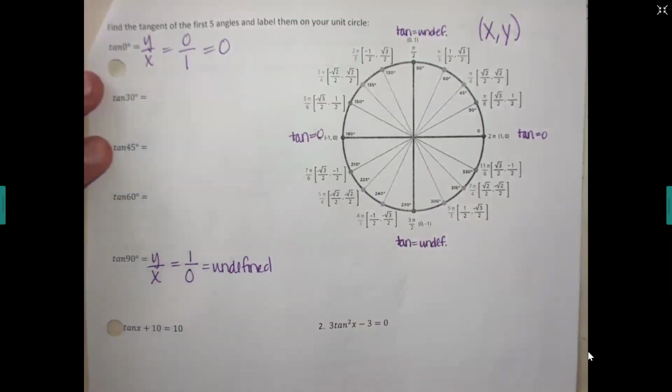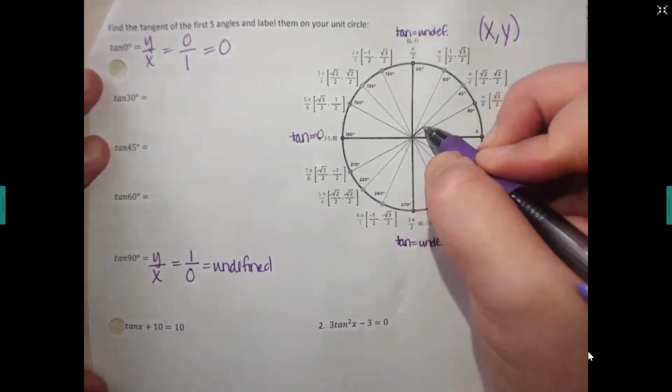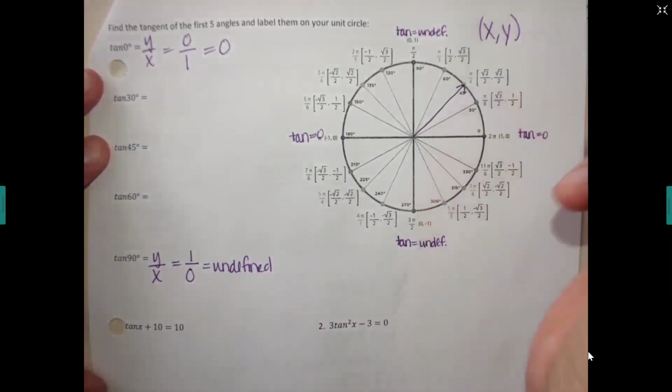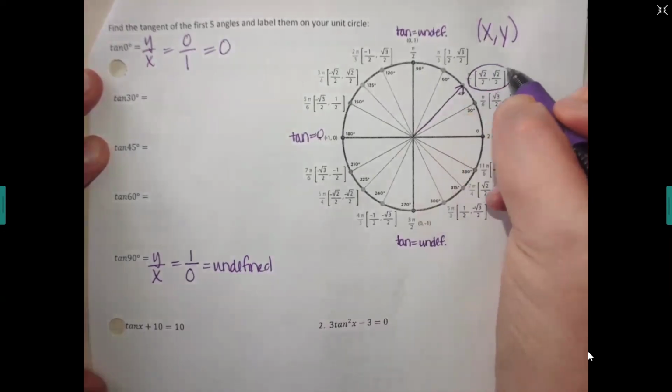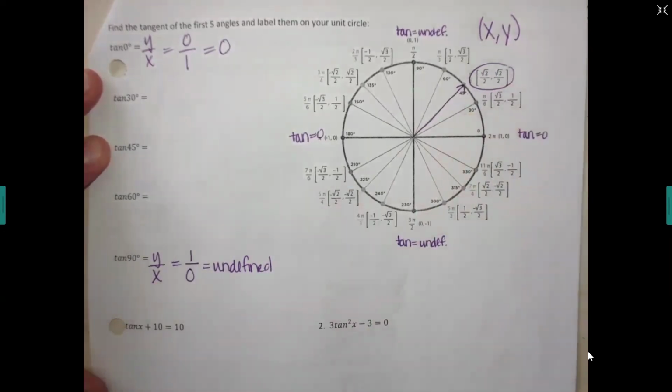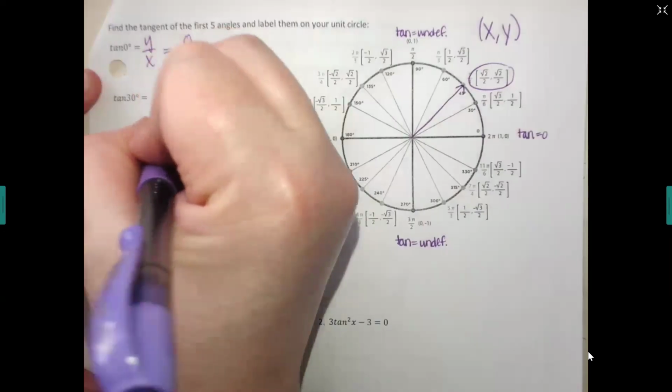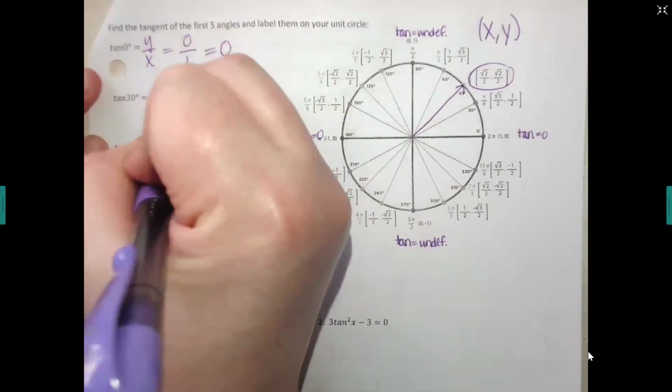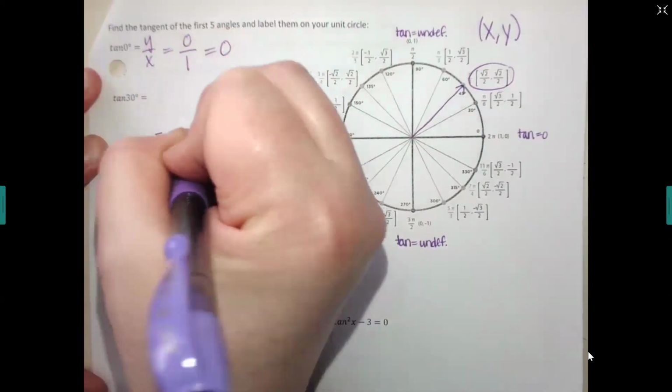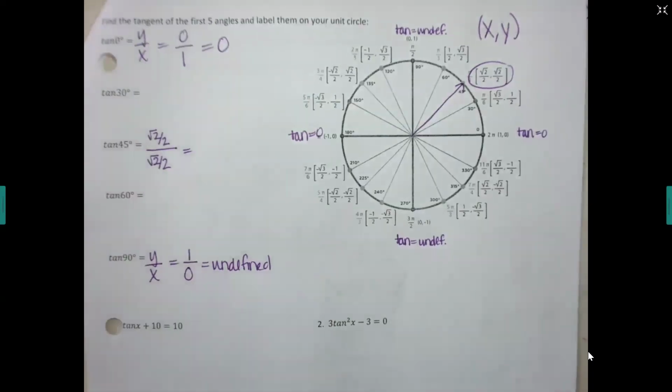Next one we're going to do is 45. So go to 45 degrees, that's right here. What is my y over x fraction going to be? Very good. √2 over 2 divided by √2 over 2. Now, I'm not going to work it out with keep, change, flip, because if these numbers are the same, what are they going to divide to? 1.